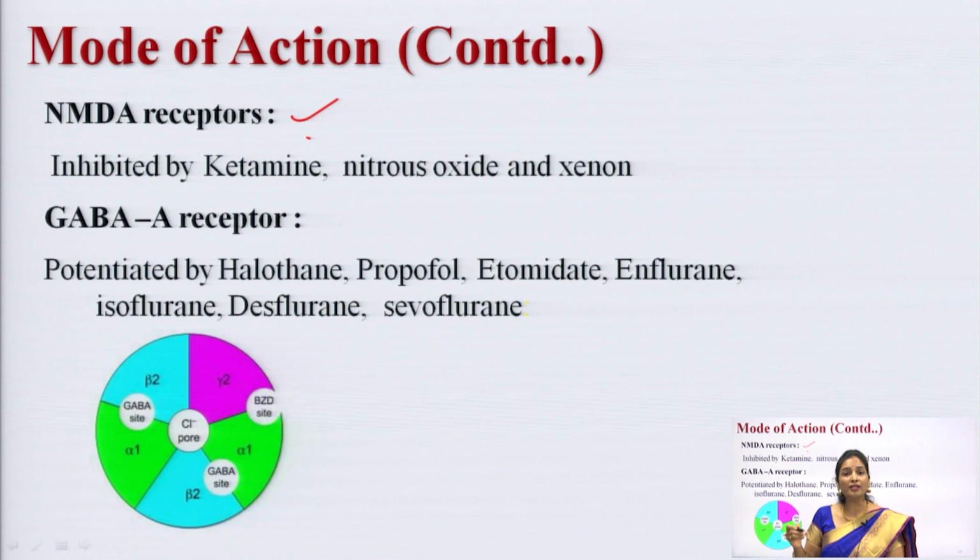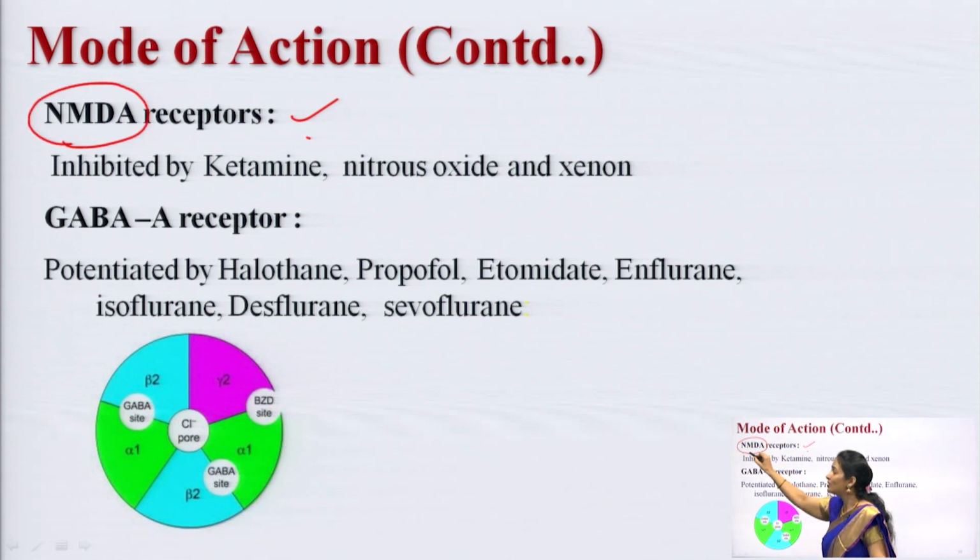How will it inhibit it? It has to block this receptor, because this receptor is responsible for promoting the excitatory action. So, by blocking this receptor, you can inhibit the excitatory neurotransmitter action. Okay. So, which drugs inhibit this type of receptor? Especially nitrous oxide, ketamine, and xenon. These are the drugs which inhibit the excitatory neurotransmitter.